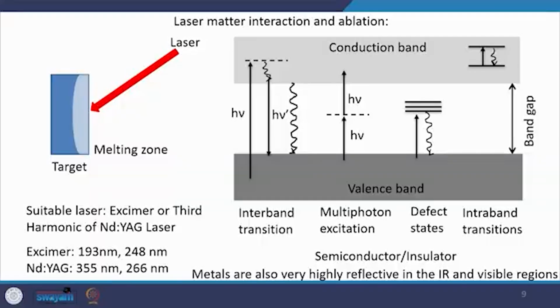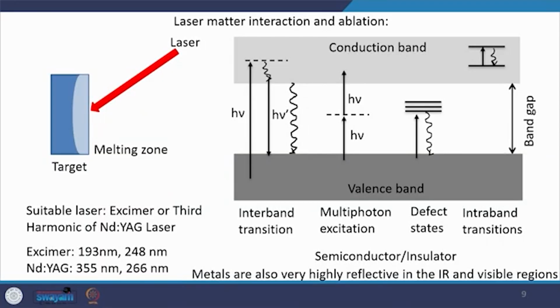Then there can be non-radiative relaxation through phonon generation, by which the electron comes down to another level inside the conduction band, and from there it de-excites to the valence band. The emission wavelength will be higher than the absorbed wavelength.